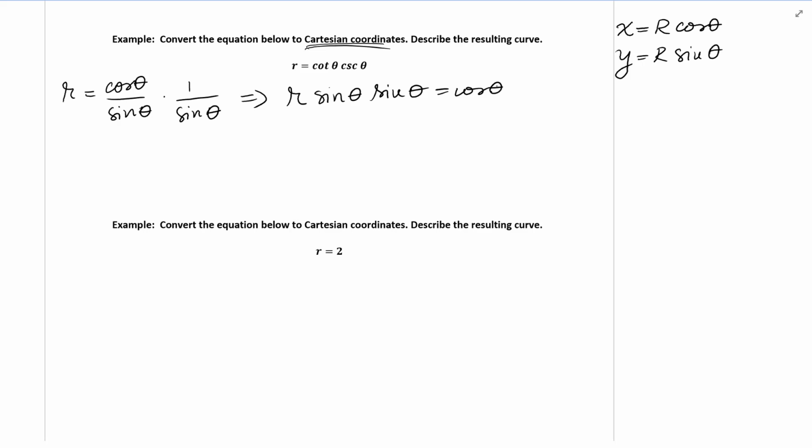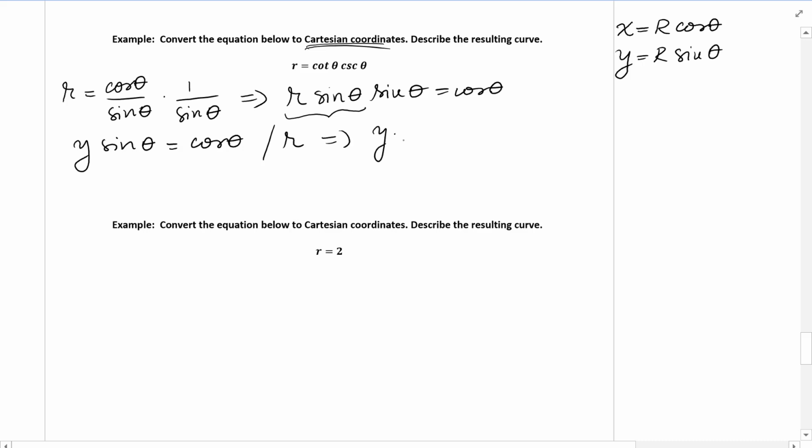Now we notice that r sine theta is y, right? So y sine theta equals cosine theta. If we multiply both sides by r, we get y times r sine theta equals r cosine theta. We know that r sine theta is y again and r cosine theta is x.